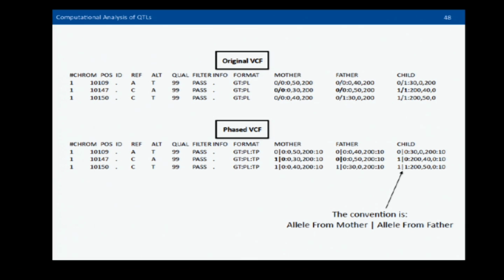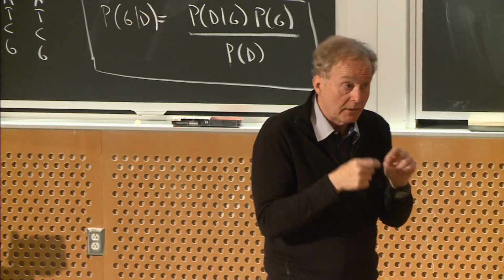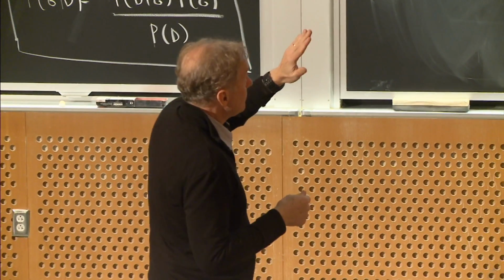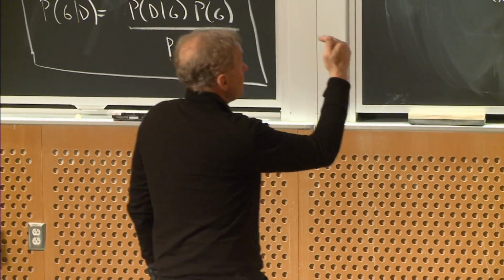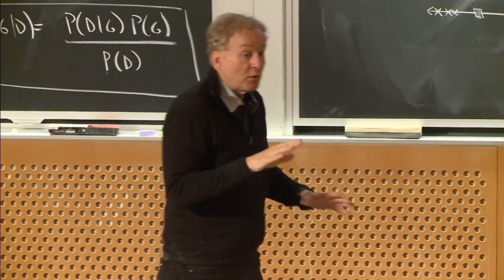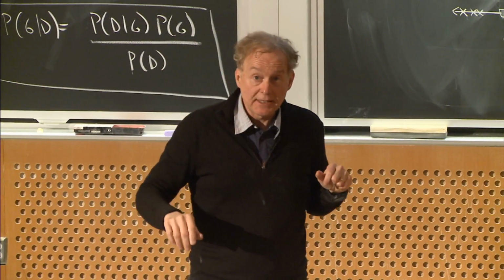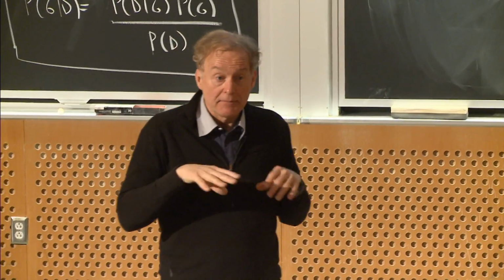So when VCF has slashes between the 2 different alleles of a genotype, it's unphased, but you can actually have a phased VCF version. And so there's a whole phase in the GATK toolkit that does phasing.